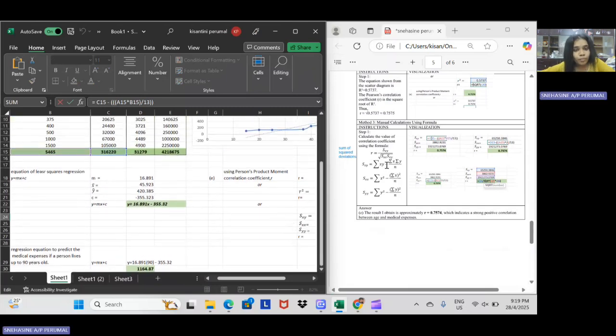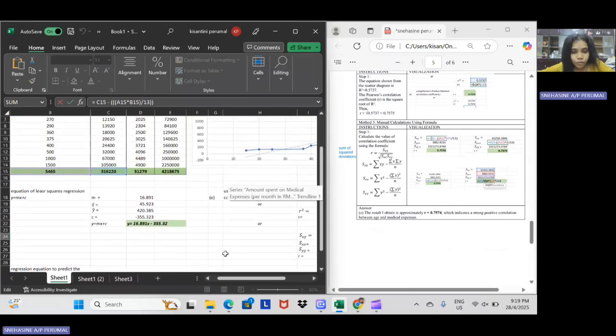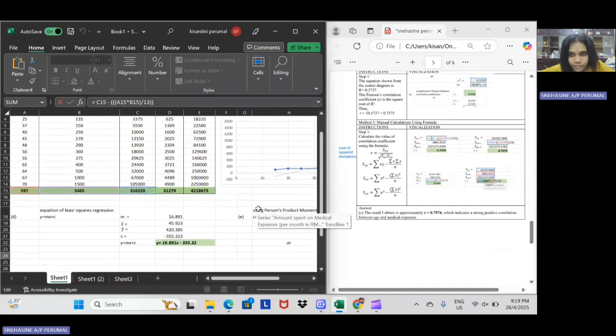You just follow the formula. It will be easy for you to answer the question.